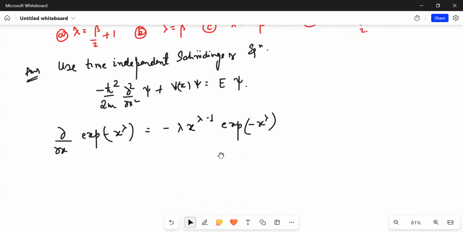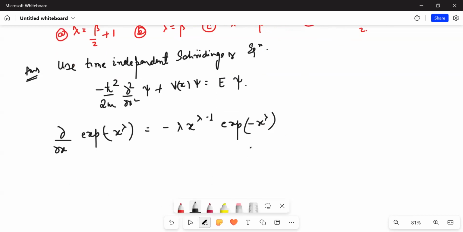If I do the second derivative, I can write this particular thing as ψ. So basically it is equal to minus λ x raised to power λ minus 1 times ψ.